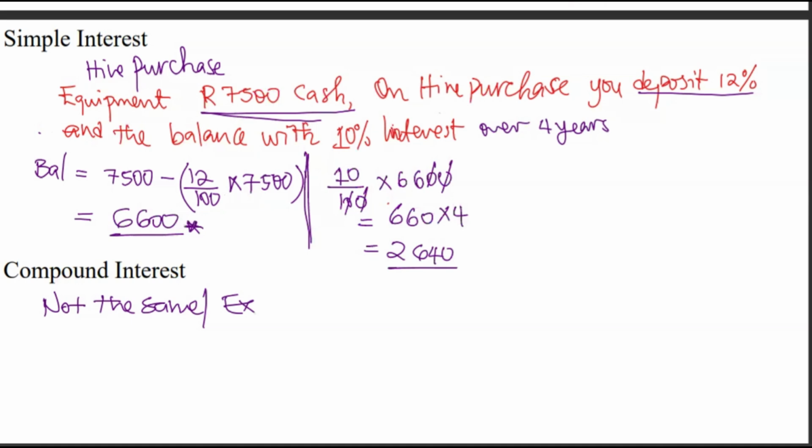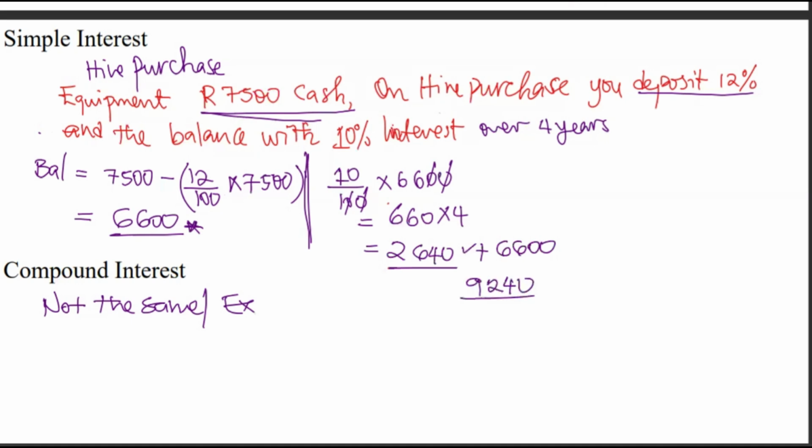This is the interest plus the money. How much will it cost at the end of the 4 years? So plus the money that has been carrying interest. You've paid this much.